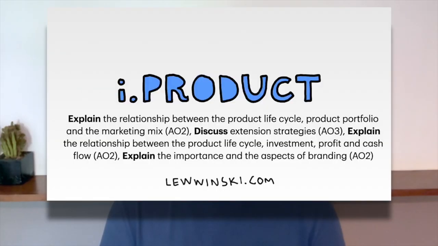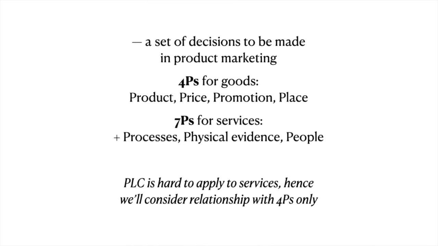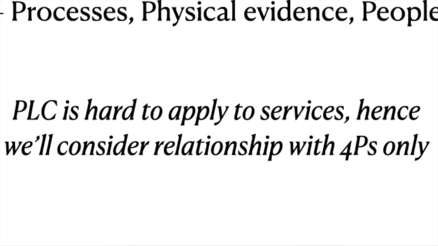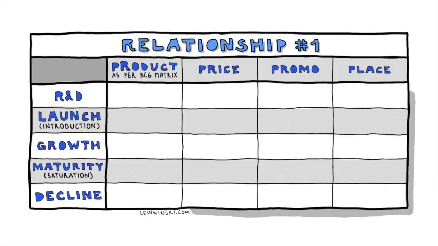Now, remember the first assessment objective for this class: to explain the relationship between product life cycle, product portfolio, and marketing mix? Sounds like you are ready to do that. But since product life cycle is quite hard to apply to services, we are only going to consider 4 P's. Believe me, it's enough. So in order to achieve this assessment objective, I'm going to ask you to fill in this table as you listen to what I'm saying.